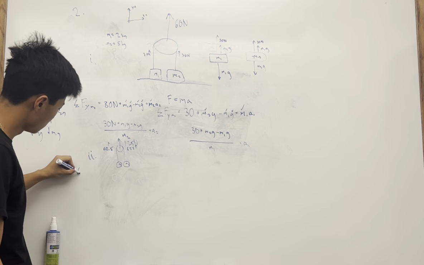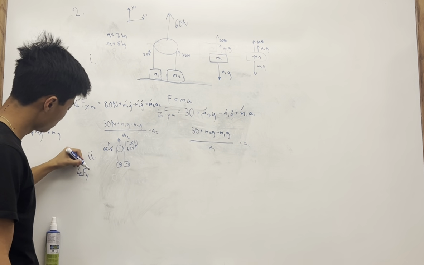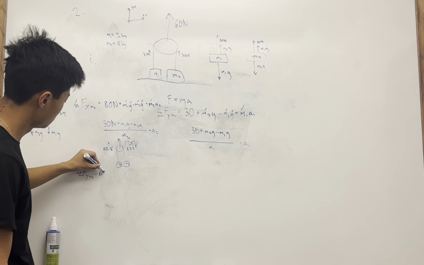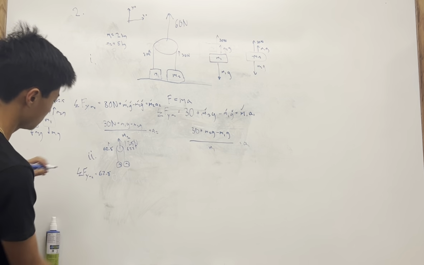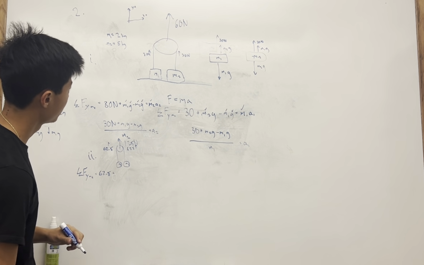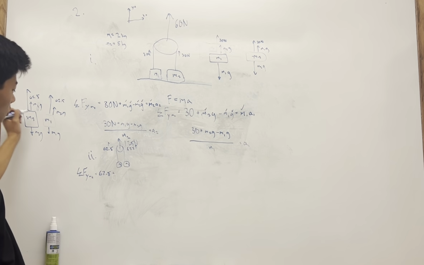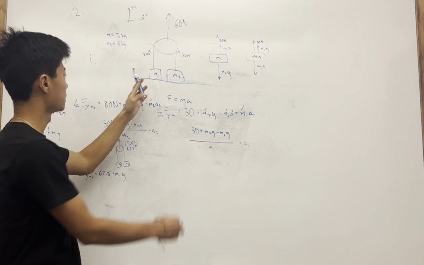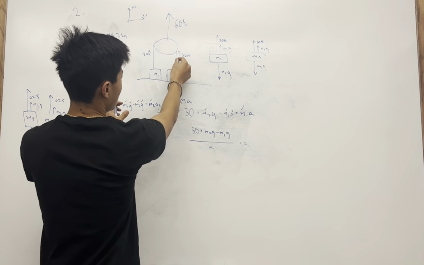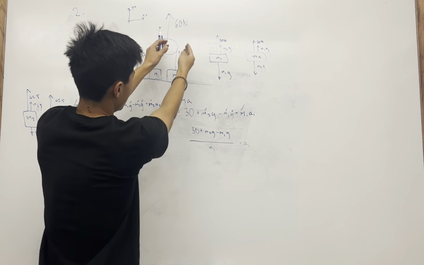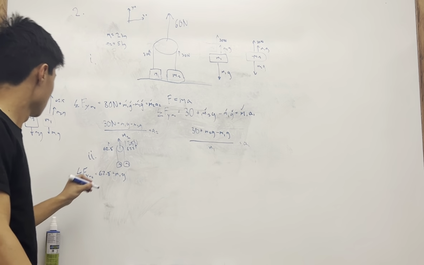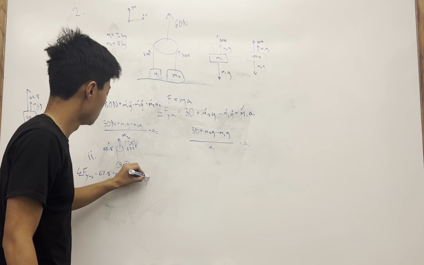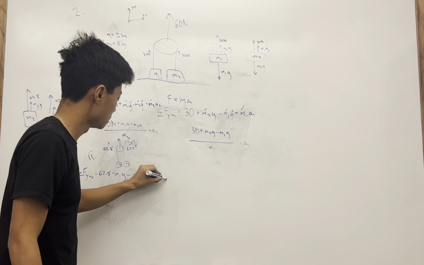And we have the sum of forces in the y direction for mass 2. It's going to be 62.5 going up, along with this for mass 2. So m1g. Again, this is because mass 1 is pulling down on this side, which pulls up on this side. Minus m2g equals m2 times acceleration 2.